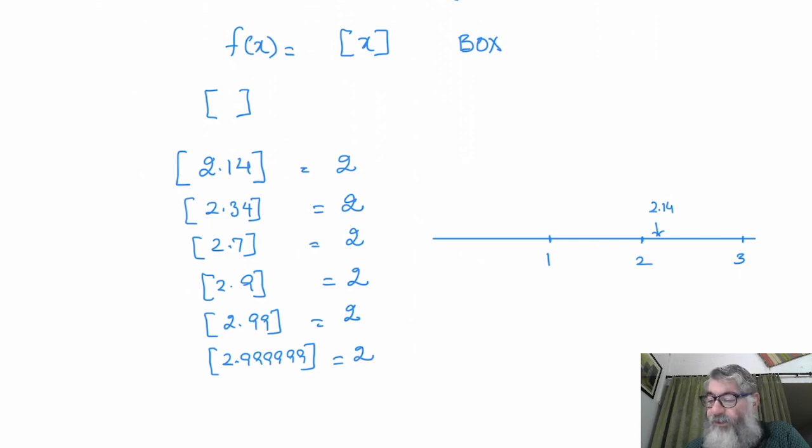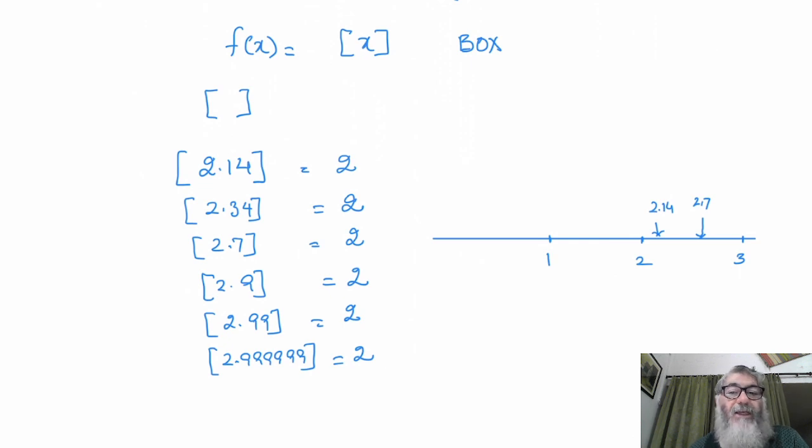So 2 is the greatest integer. For example, if it is 2.34, it is 2. If it is 2.7, suppose 2.7 is somewhere here, and you move from 2.7 towards the left on the number line, then the first integer which you come across is 2.